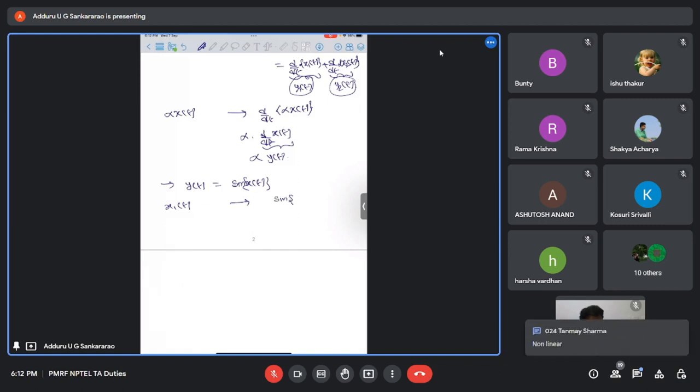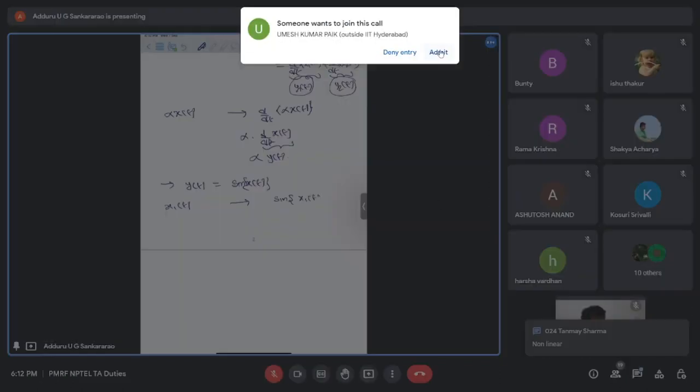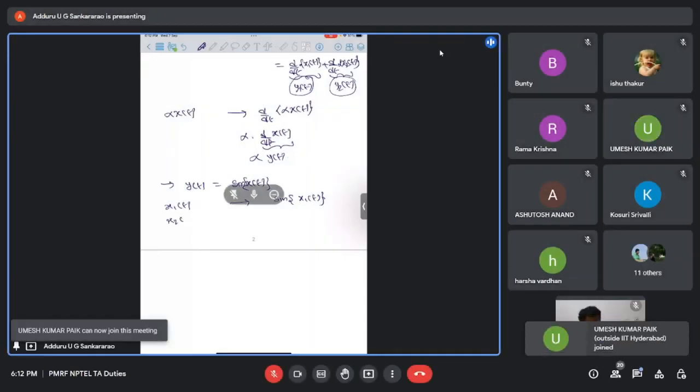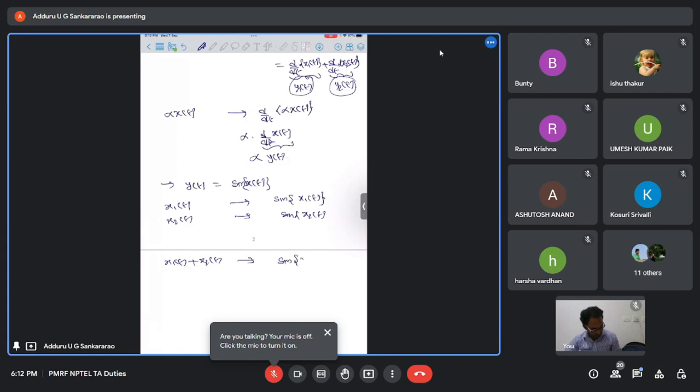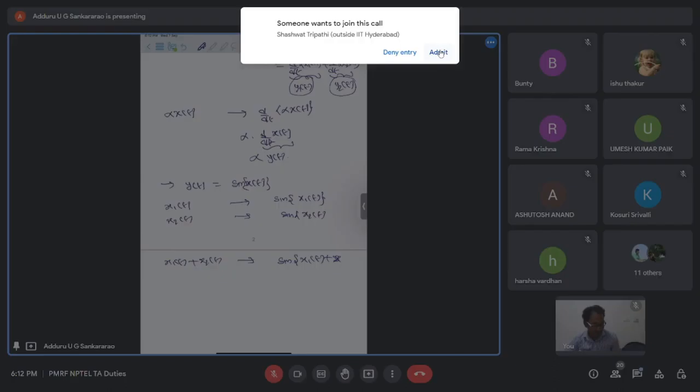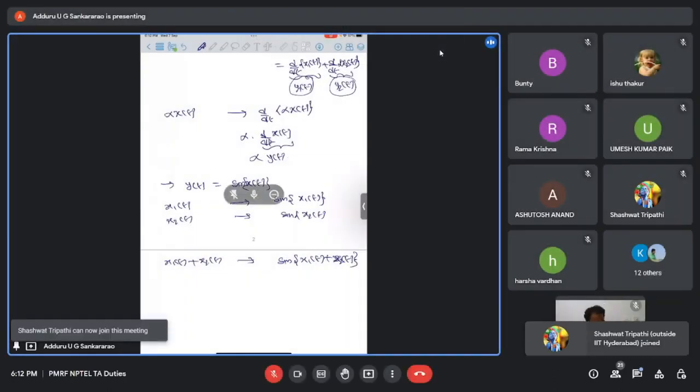Now let us say if I am giving x1 of t as input, then what is the output? Sine x1 of t, right? If I am giving x2 of t alone, then it is sine x2 of t. Suppose if I am combinedly giving x1 of t plus x2 of t, then the output is sine of x1 of t plus x2 of t, right? But I cannot express this so.